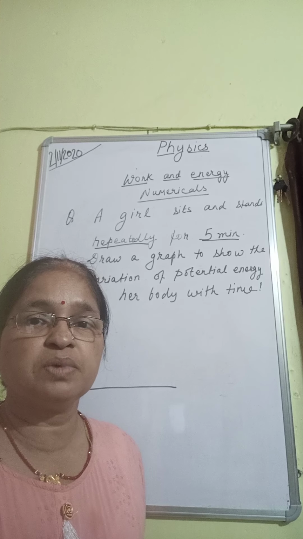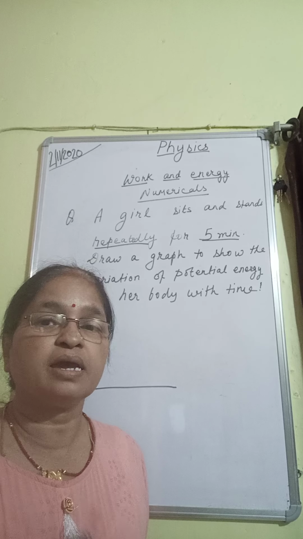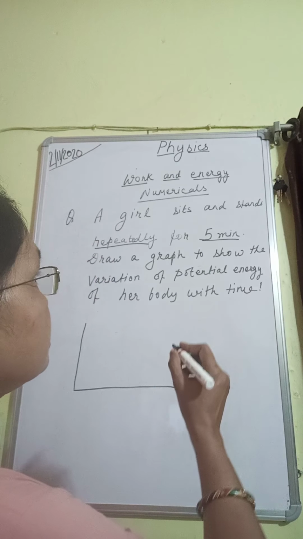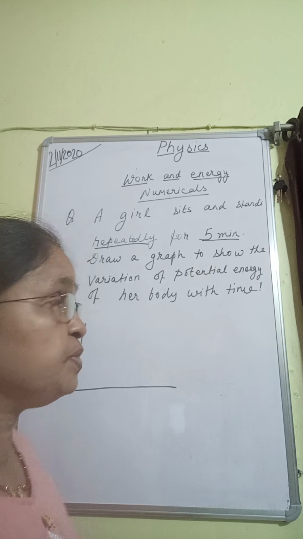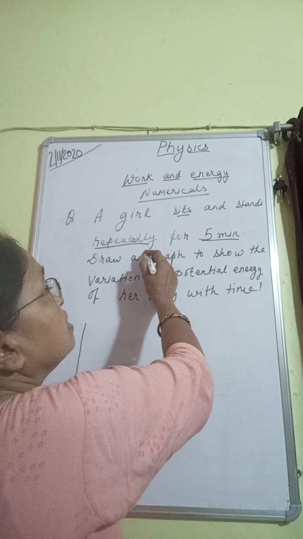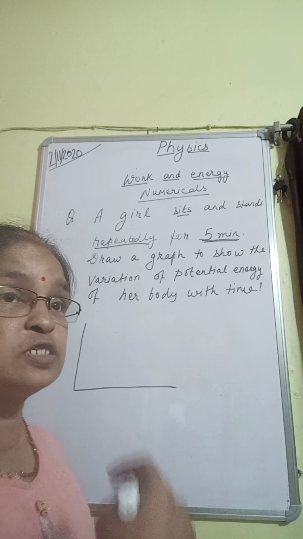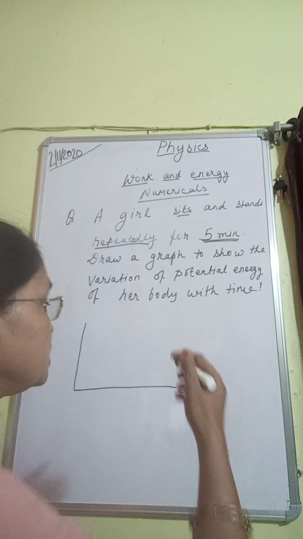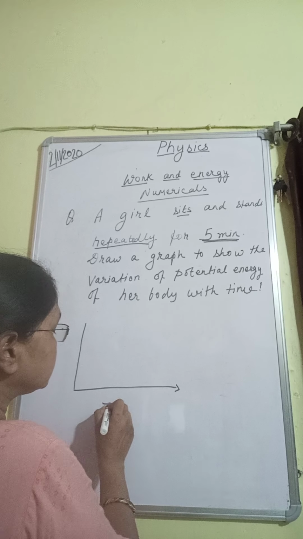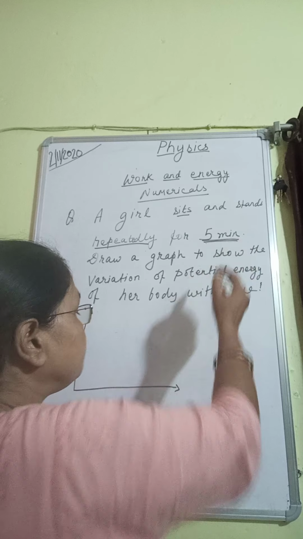So always remember, x-axis is for the independent variable and y-axis is for the dependent variable. So here we have to show the graph between sitting and standing for 5 minutes. That means time and its potential energy. So time is represented on the x-axis because it is the independent variable, and time is for 5 minutes.